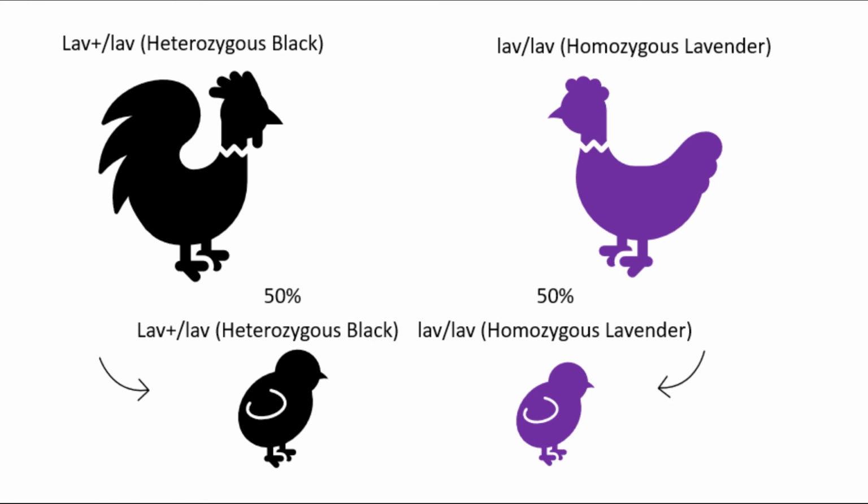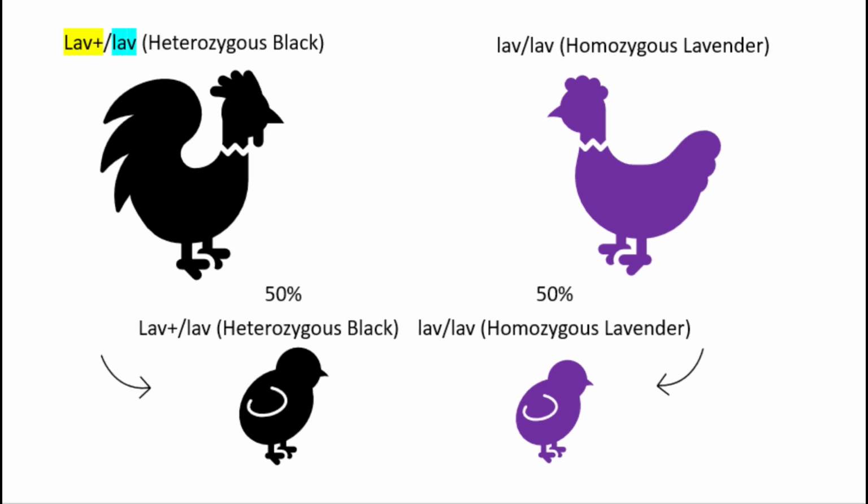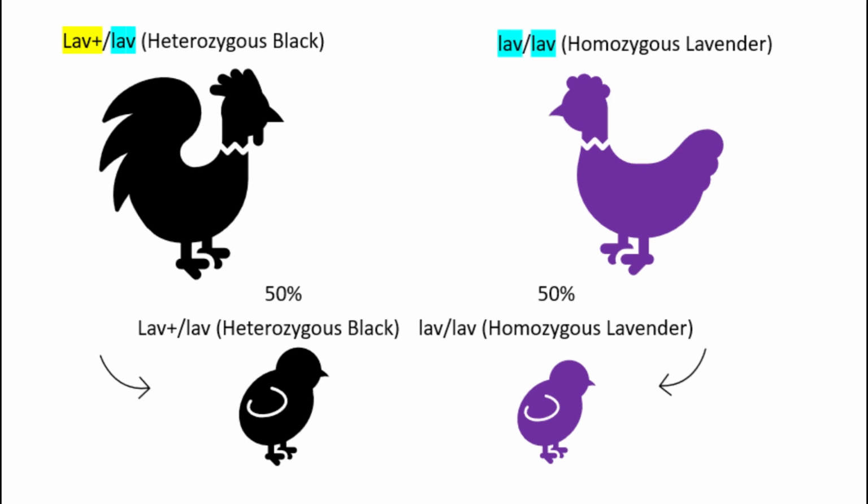Even though you bred a bird that looks black to a lavender bird, because that black bird carried one black gene and one lavender gene, and of course the lavender bird carried two lavender genes, otherwise it wouldn't be lavender, about 50% of the time, the black chicken that carried the lavender gene would give that lavender gene to its offspring, meaning when paired with the lavender chicken, which can only give lavender, the offspring were lavender.